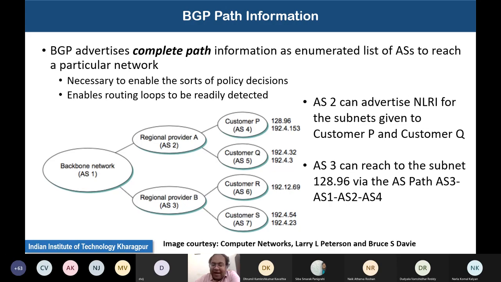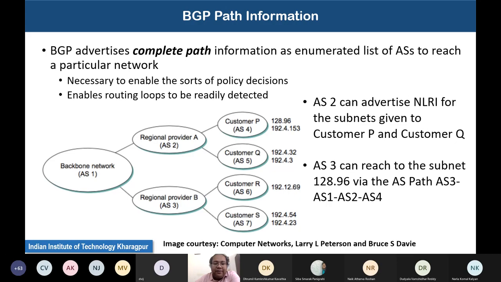Now it rebroadcasts this NLRI information and it reaches AS1. Then AS1 constructs the path that, well, I can reach 128.96 via AS1, AS2, and AS4. That way I maintain this entire AS path information.